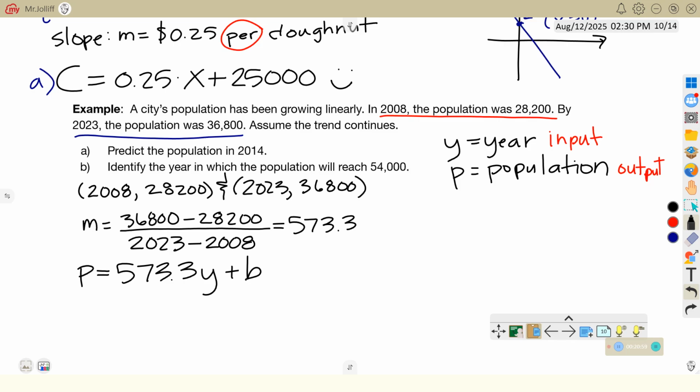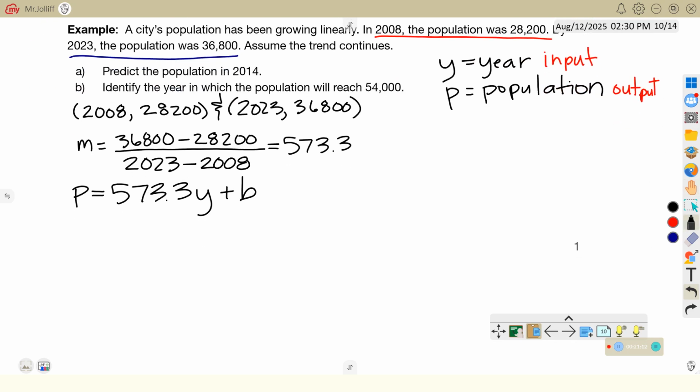We're going to pick a point. It doesn't matter which point. If both are positive, pick the one with smaller numbers. I'm going to use the 2008 value. So at 2008, my population is 28,200, equals 573.3 times my year, 2008, plus b.